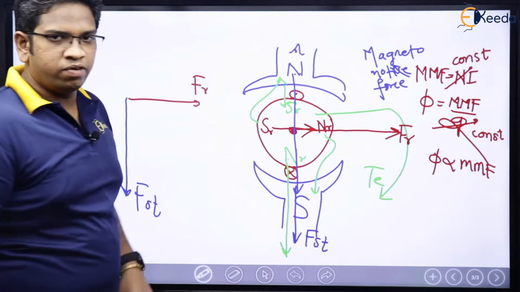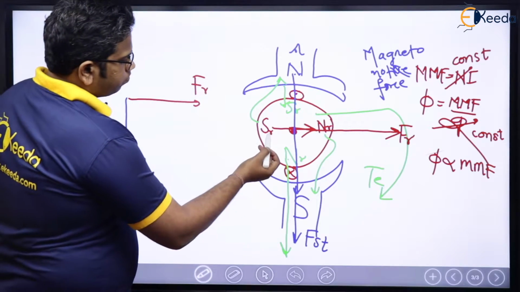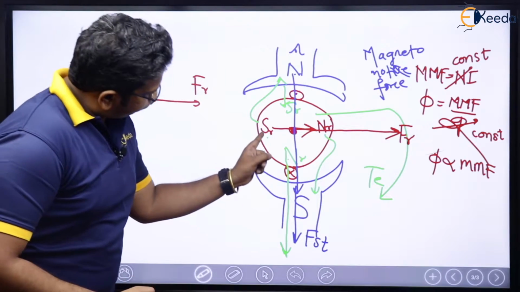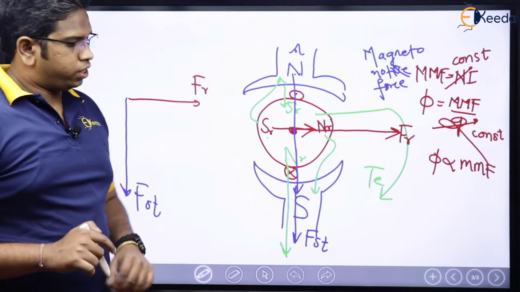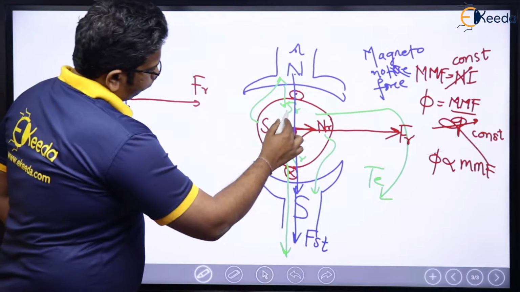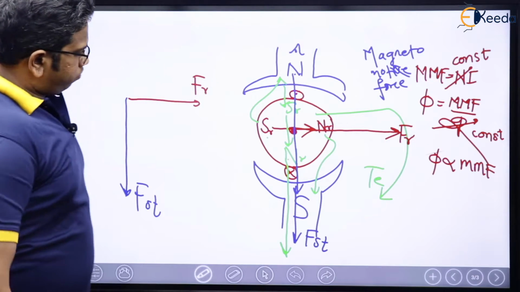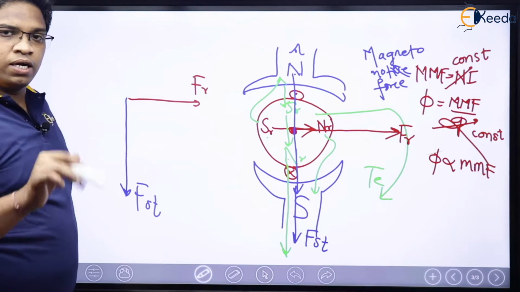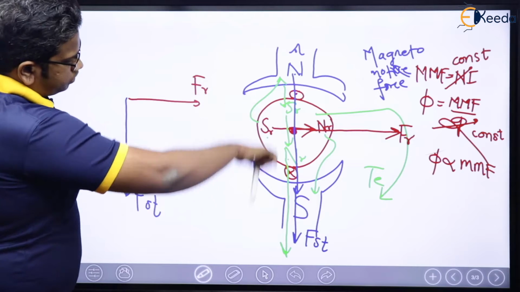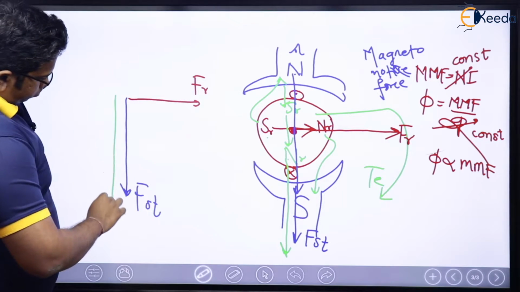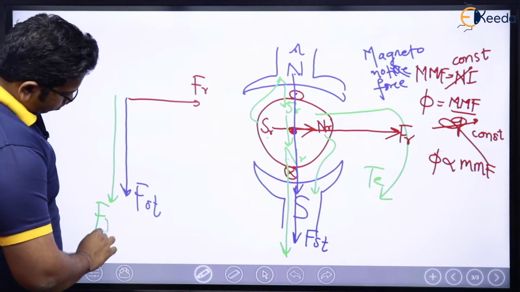Similar thing is happening. If you want to verify the same thing was happening here also. Flux was moving from south to north, inside the rotor. Here also, see here, flux will be moving from south to north like this, which means, let us say that the MMF for the second condition is in this direction. Let us call it FR2.